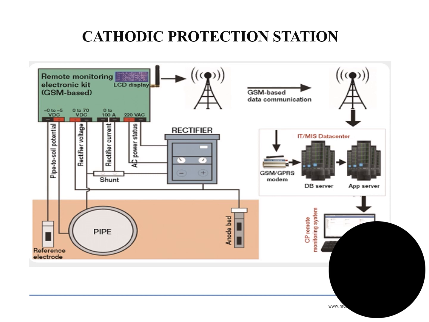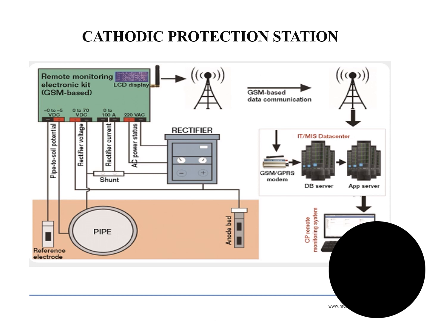In this diagram we can see the transformer rectifier unit, a remote monitoring electronic kit, GSM based, the pipe and reference electrode, and anode bed. I'm also working on making a GSM based protection system, so that it will communicate the data from the location to the remote server.